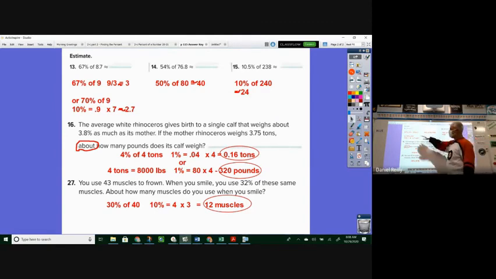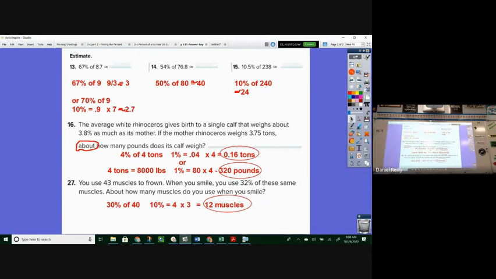Number 13, you can either do 2/3, because 67% is 2/3. So divide by 3 and multiply by 2. Where's the times 2? Oh, my answers are so wrong on this one.